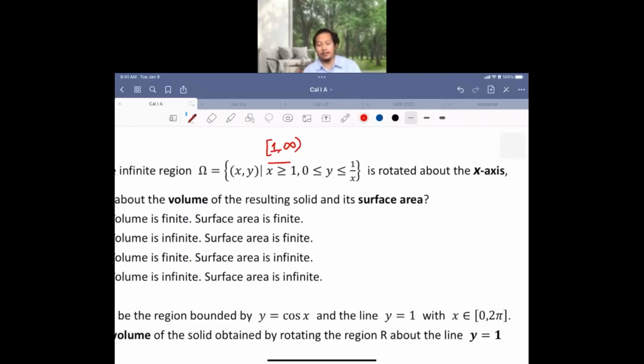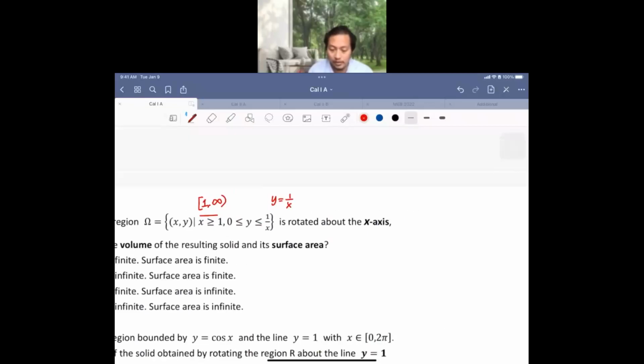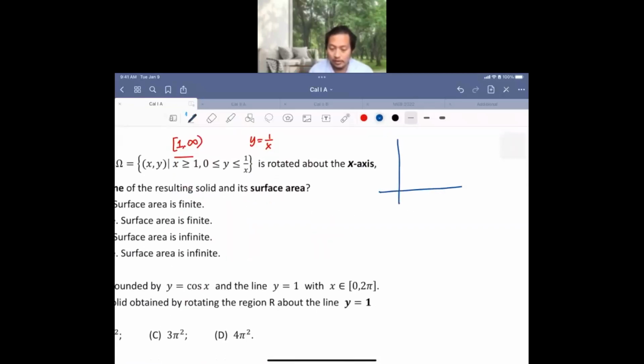So it's supposed to be a curve, y equal 1 over x, right? And it's similar to what we have in the first practice today, the Gabriel's horn. So you will have simply the same structure for the curve, rotated through the x-axis.